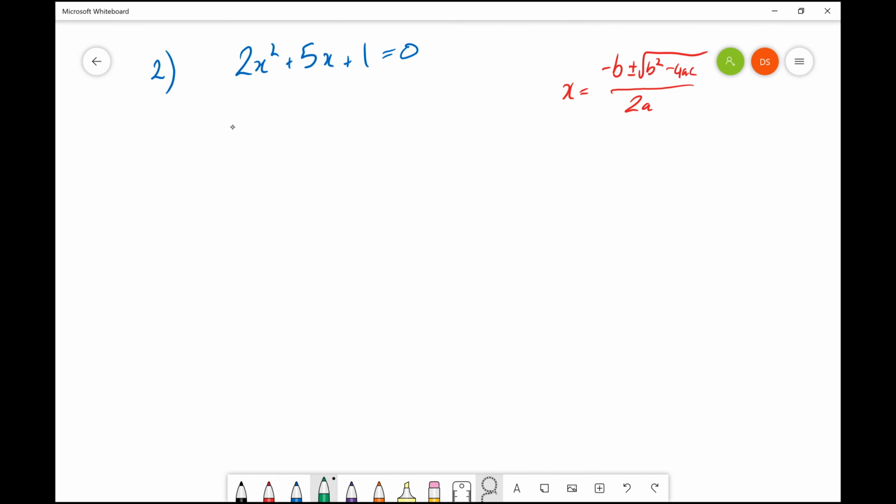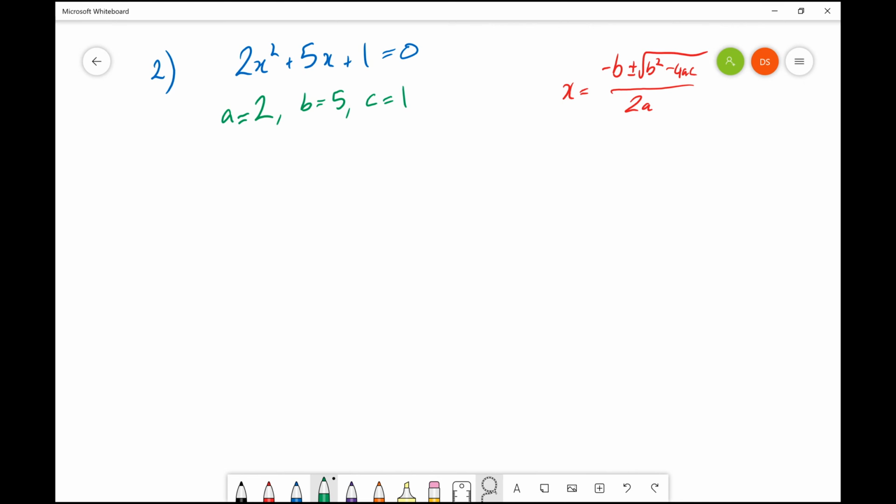So let's list off what a, b, and c are. a is 2, b is 5, and c is 1. Let's plug them in, give it a go. Okay, try to do this with me.